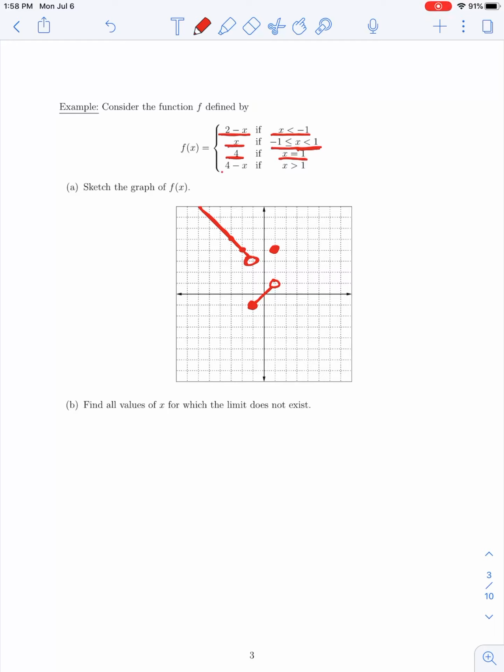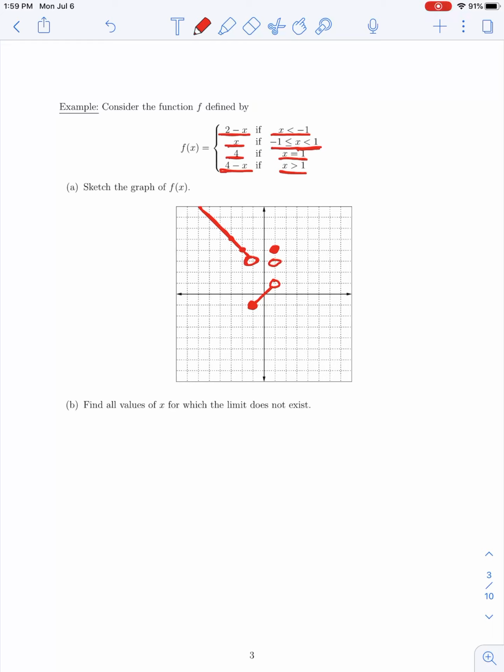And then as soon as x is greater than 1, the definition of our function changes to 4 minus x. So if we're very close to 1, the values of the function on this last part of our domain would be close to 3. So we're going to have an open point at 1, 3.